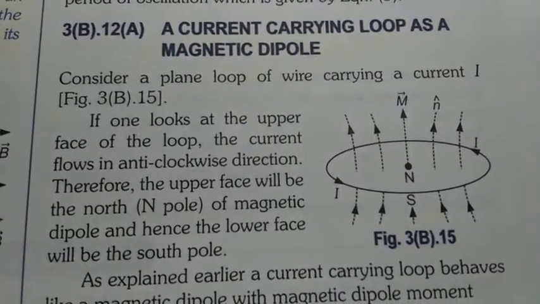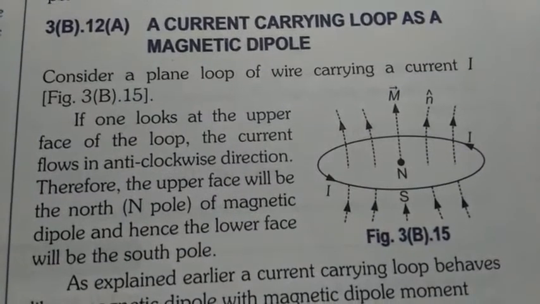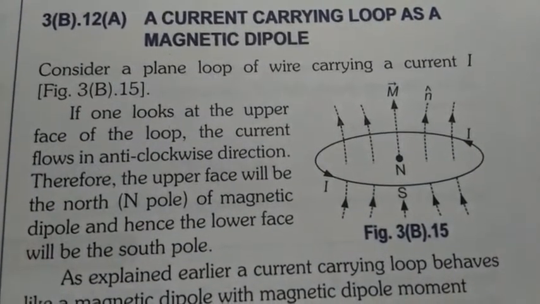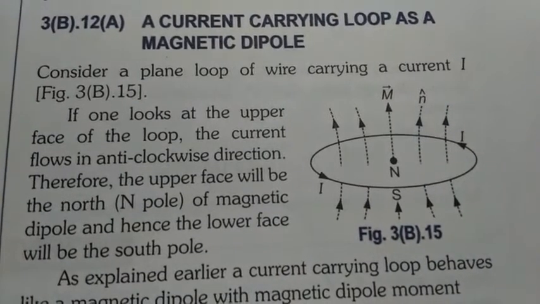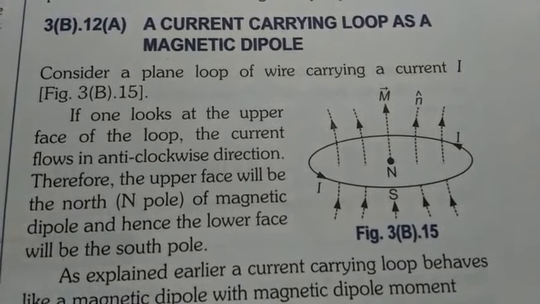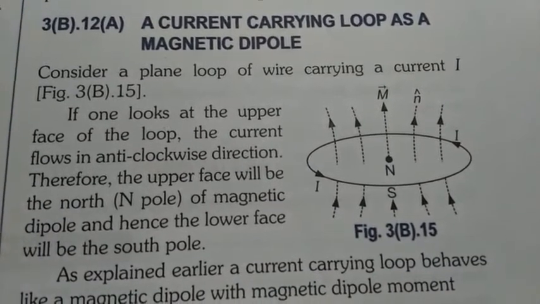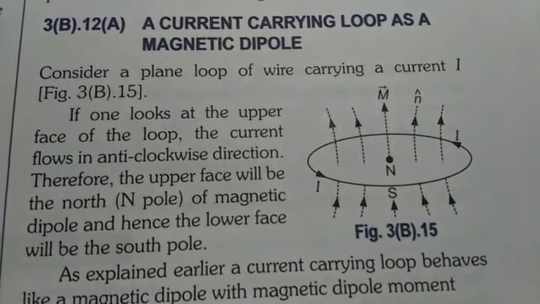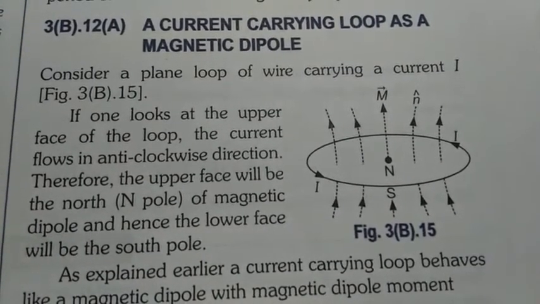Then after omitting so many topics, our next topic is a current carrying loop as a magnetic dipole. As we all know, when the current is moving, the electric field will be there, and when electric field is there, the magnetic field will also be there. By Oersted experiment, due to electric field, magnetic field also appears.